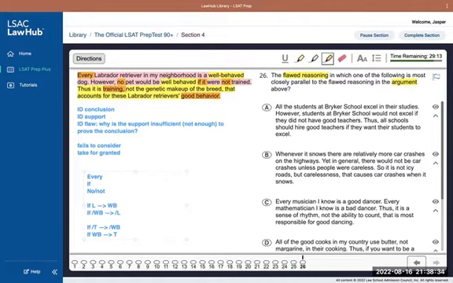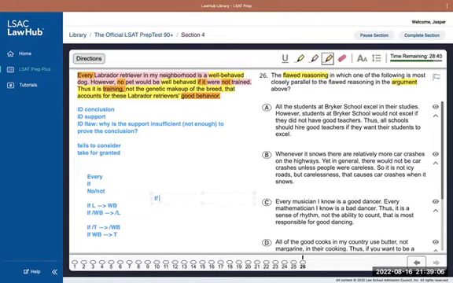So what they're suggesting then in the conclusion is that the training accounts for the good behavior, so that they wouldn't have that good behavior if they weren't trained. So here's the support that's offered.